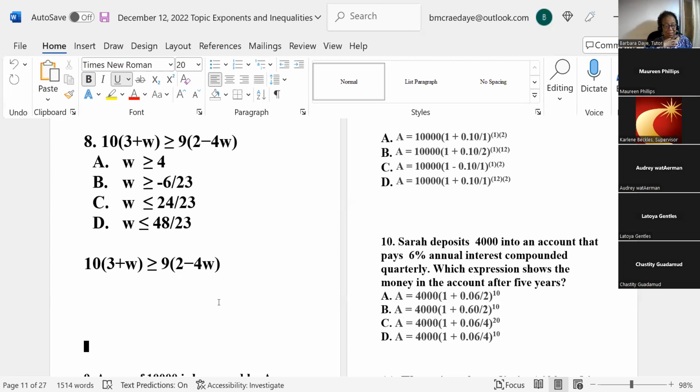That's kind of common in algebra. Yes, very much so. Everybody working on it? Yes. Because I'll ask you your steps.